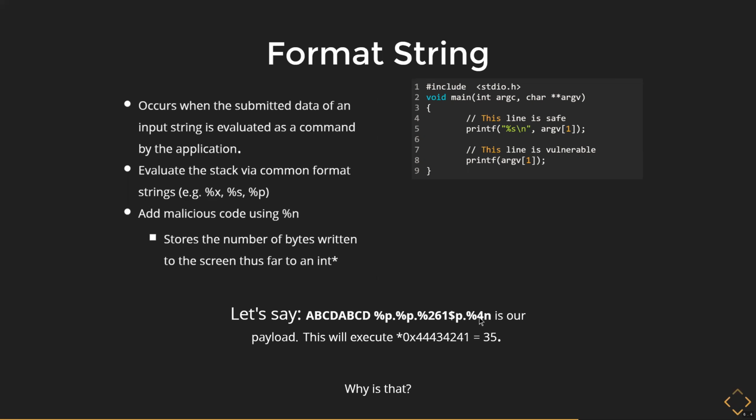In the case of %4$n, we're saying write this number to the location given by the line below here. It's taking ABCD in little endian, which means backwards. So D is 44, C is 43, B is 42, A is 41. And since we wrote 35 bytes to the screen, that's what we're going to write.